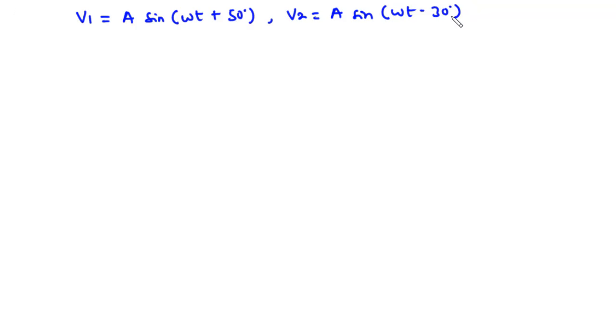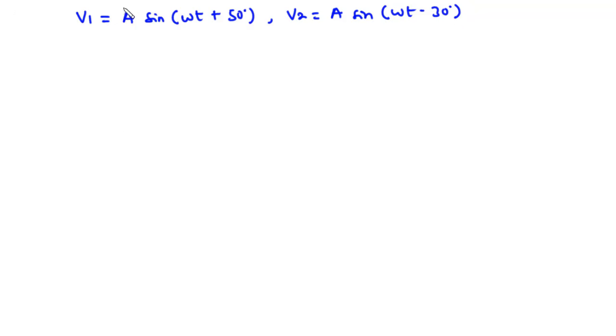Now before we start solving more complex examples, let's try this simple example. Given that we have V1 to be a sine omega t plus 50 degrees, and then we have V2 also to be a sine omega t minus 30 degrees.